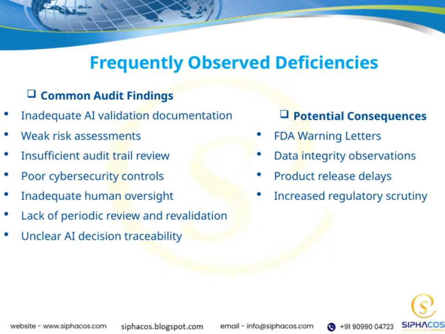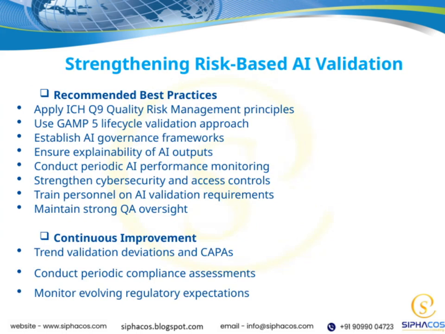And finally, unclear AI decision traceability makes it difficult to understand how decisions are made, raising questions about transparency and accountability. All these points underscore the importance of rigorous processes and continuous oversight to ensure compliance and maintain trust in our technologies and products. Let's now turn our attention to strengthening risk-based AI validation through recommended best practices.